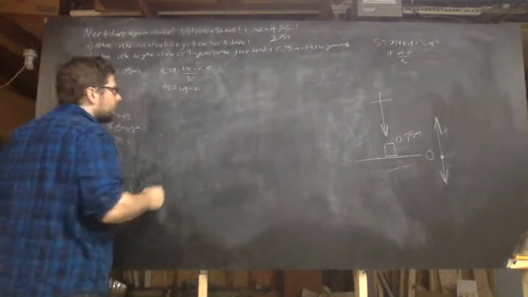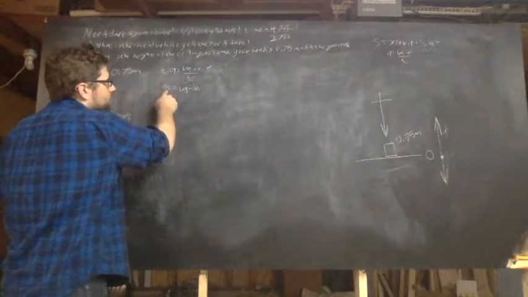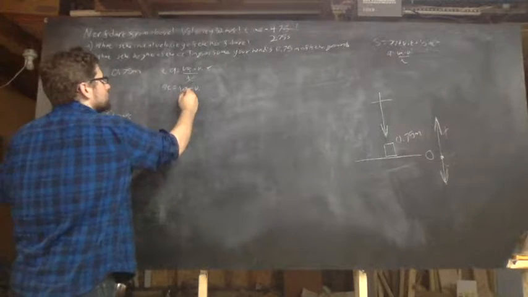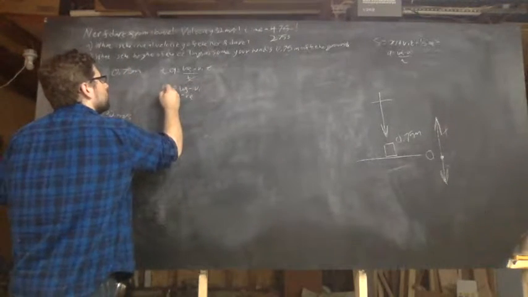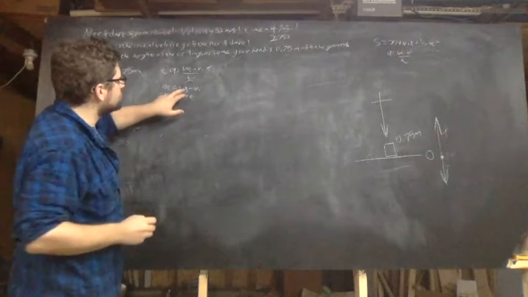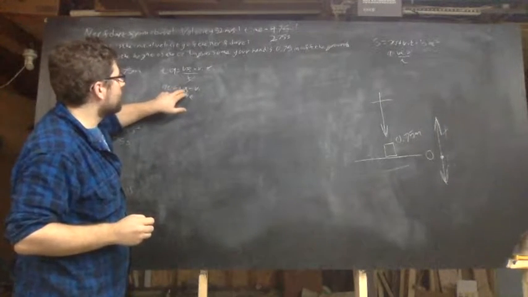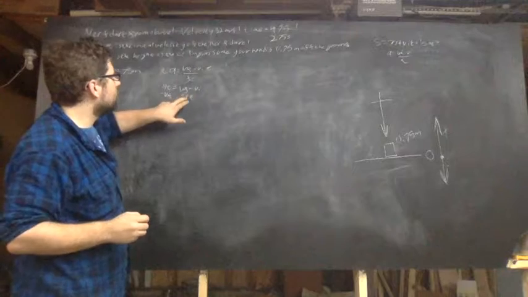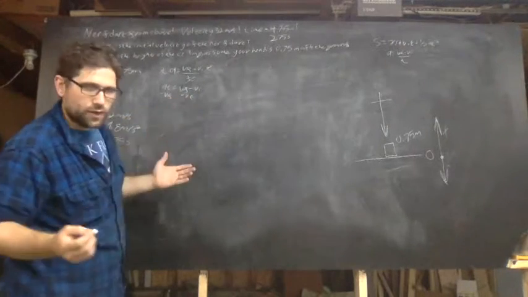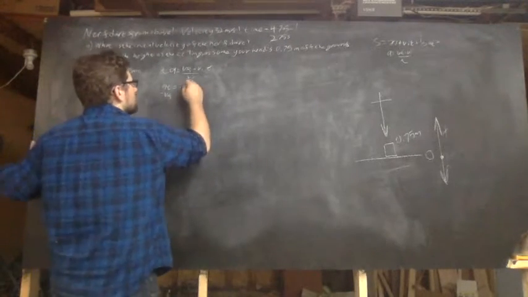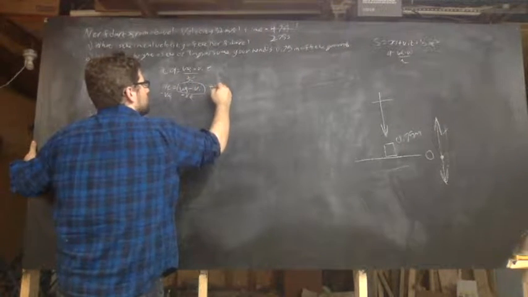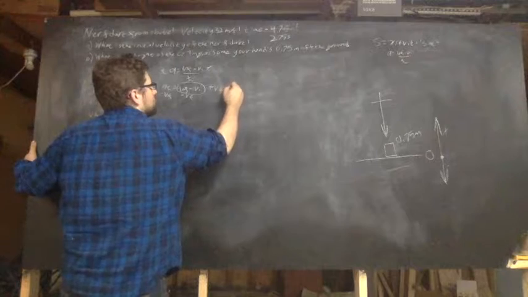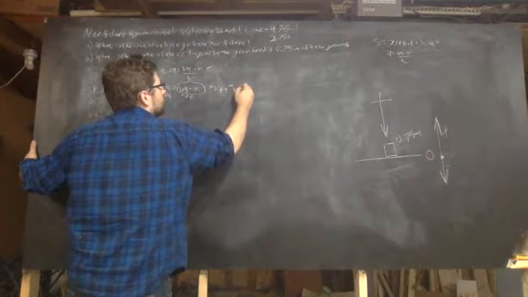My next step, I need to get vf over to this side. So I'm going to subtract vf, so minus vf, because it's positive. Because the vf is positive in vf minus vi, I need to subtract the vf. Another way you could look at this is this right here is the same as saying positive vf plus a negative vi.